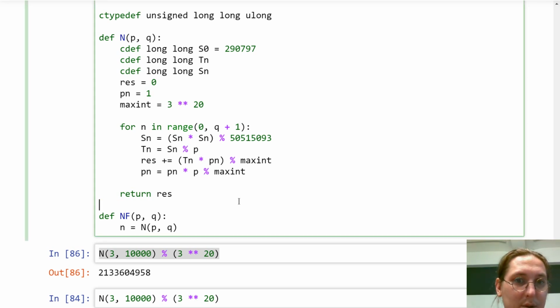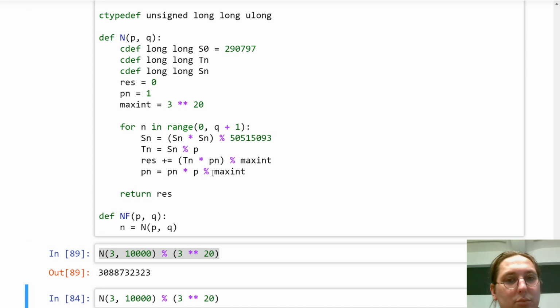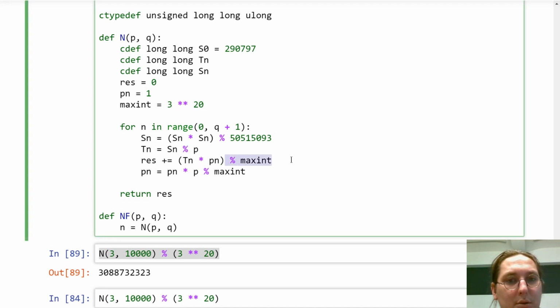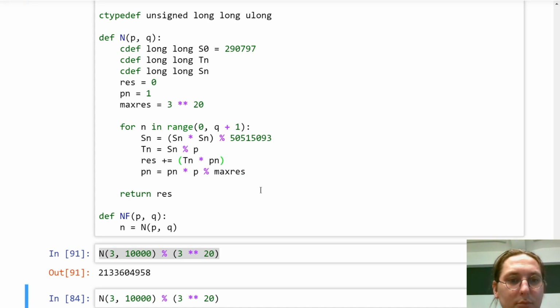So, oh no, this is not correct. But this was correct, for the sum.